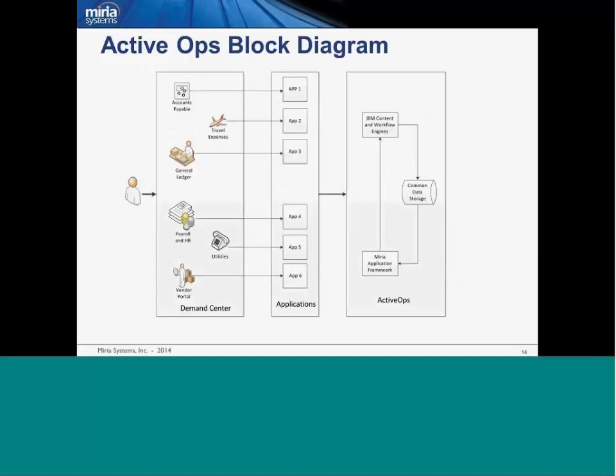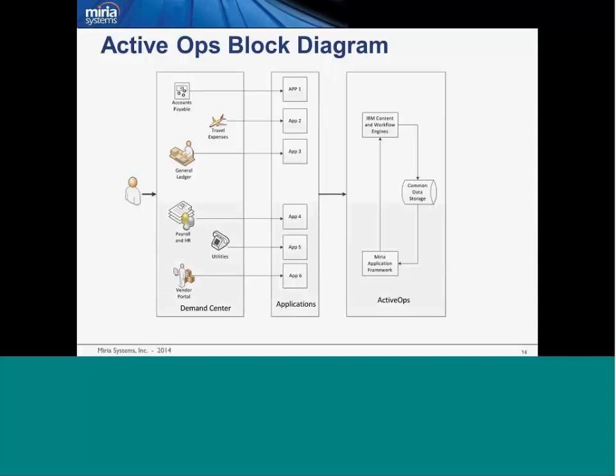For the few IT people on the phone, a block diagram of what this looks like: if you look on the right side, the content engine, which supports the storage and retrieval and management of documents, is still utilizing the same back-end infrastructure around the FileNet ECM infrastructure, and the application framework that we have inside of ActivePay 6.0 still delivers the applications out to the end users.